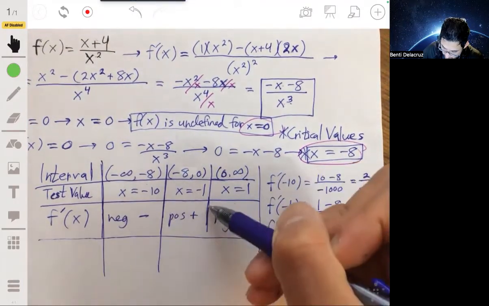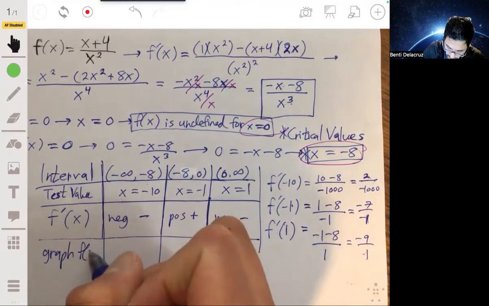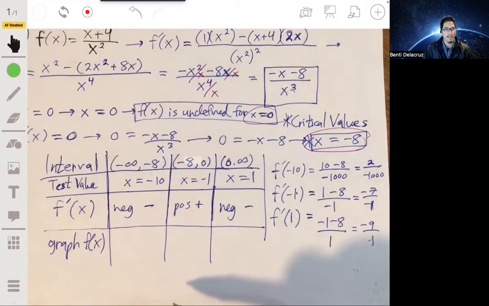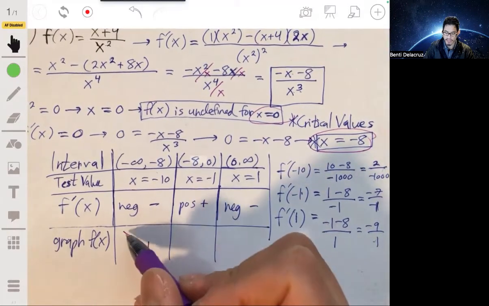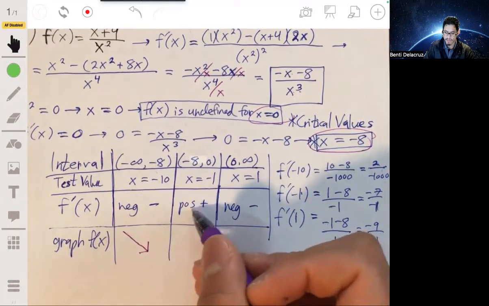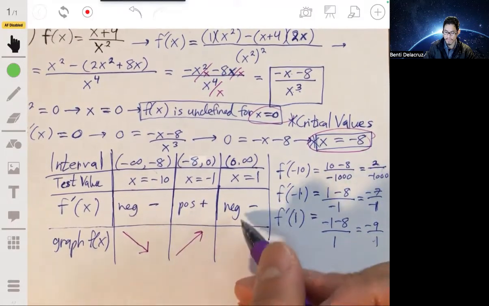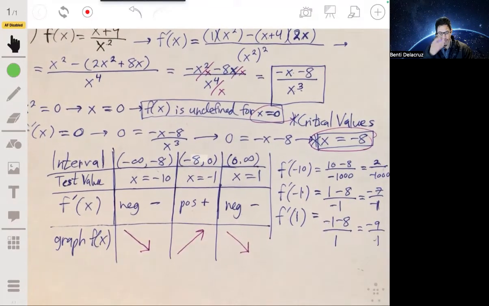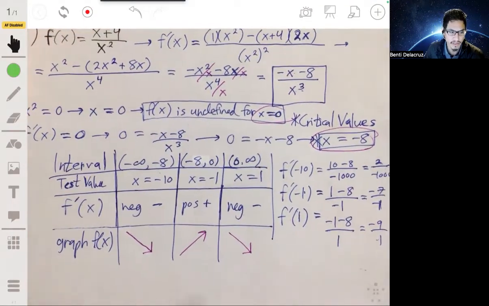And now I can describe what the graph of my function is doing. When the derivative is negative, the graph is decreasing. The function is going downwards. When the derivative is positive, the graph is increasing, so it's going upward. And when it's negative again, it's going to be decreasing. So now I just summarize what this is doing. I just write it in words, depending on how your teacher or professor wants it.